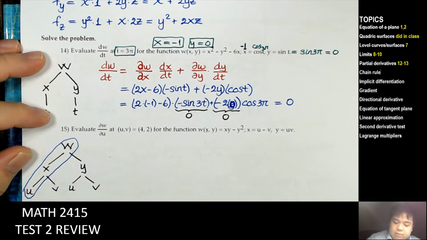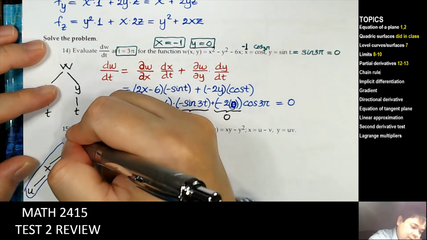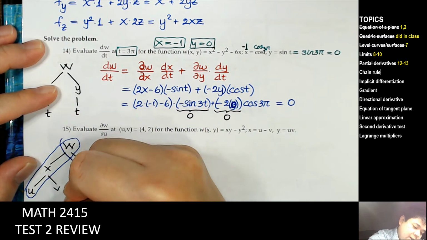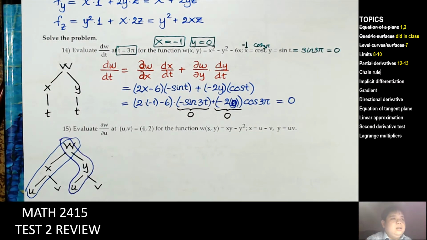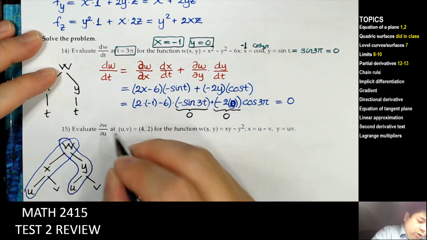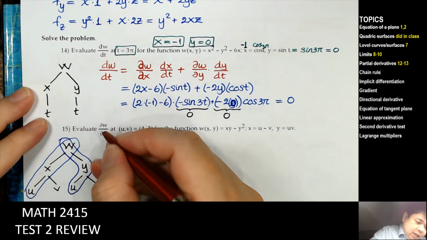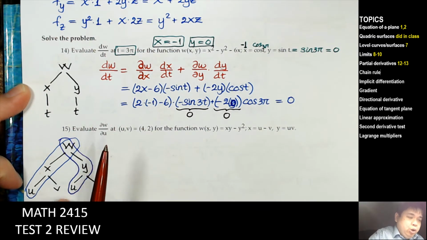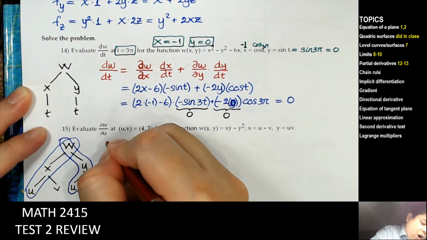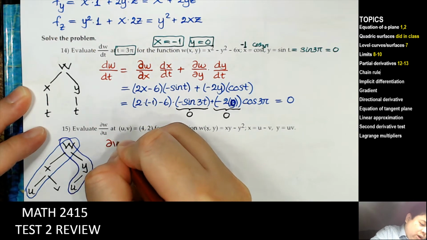That is 1. And this is another path from w to u. So we're going to write again derivative, then either w, u, or v, so we still will use partial here because there is more than one variable.